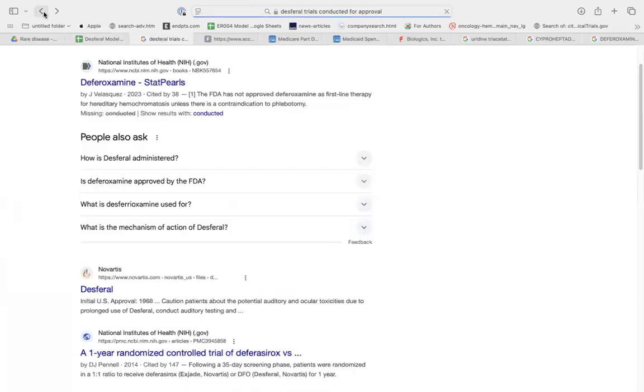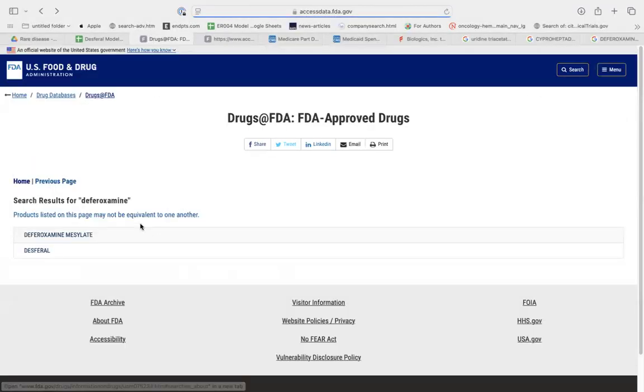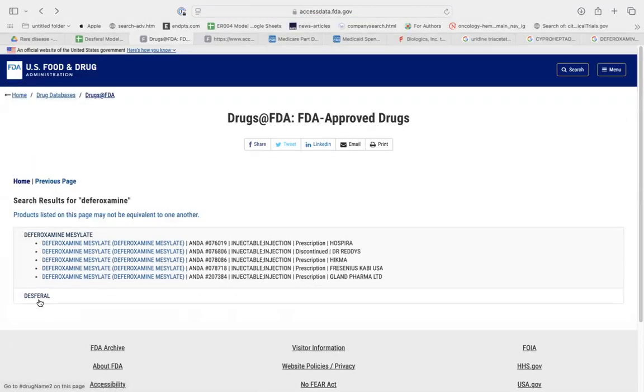Events. I like to put significant events here. One significant event would be: when did the first generic arrive on market?